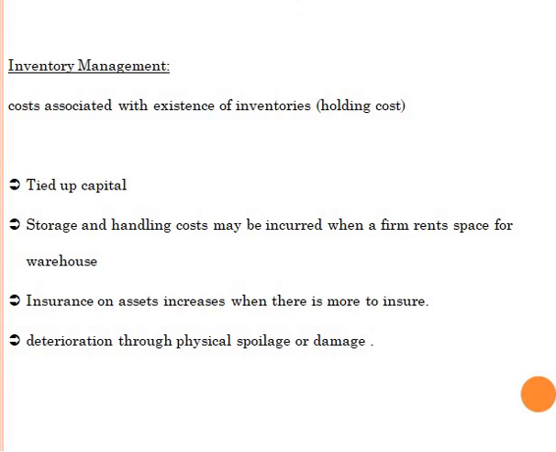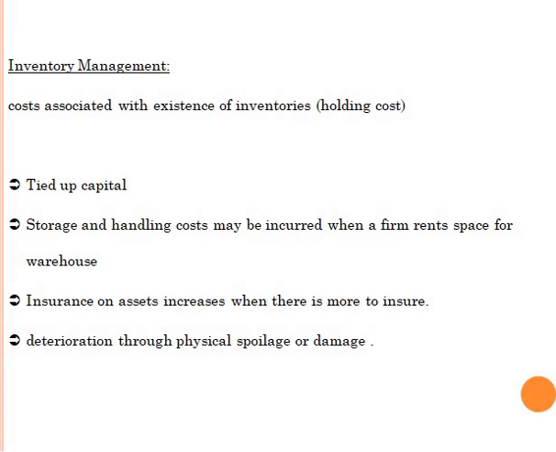Sometimes you find that some of the items might get spoiled or damaged. So you'll have to account for this cost. Let's say, for example, your raw materials are edible things. So you have to make sure that they do not get spoiled by putting some refrigerators, for example.